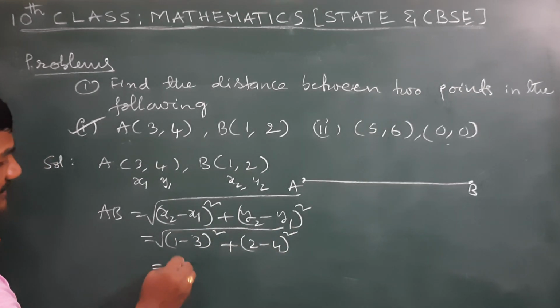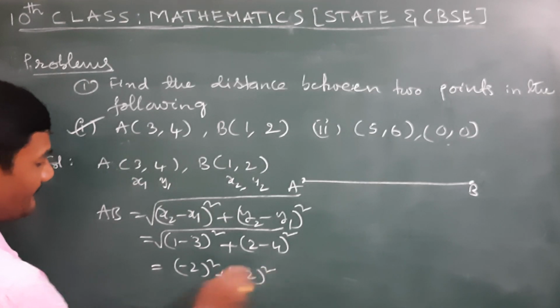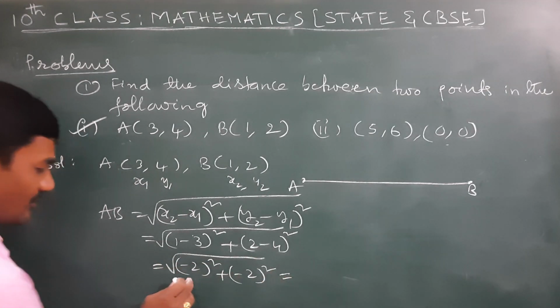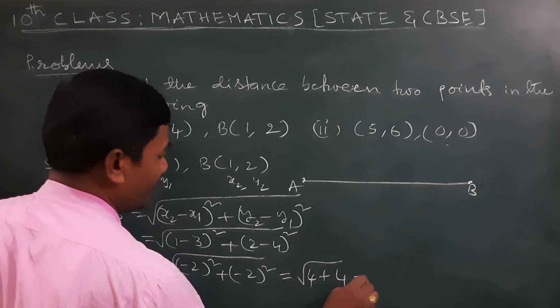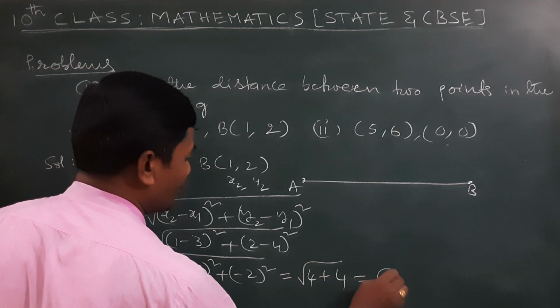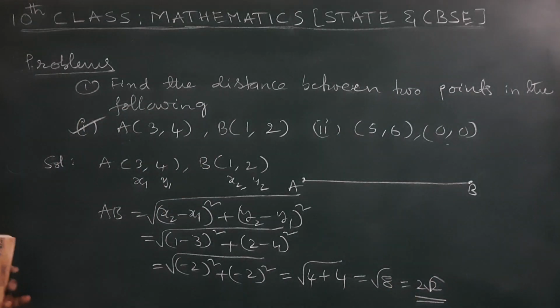That is equal to under root of minus 2 whole square plus minus 2 whole square. Minus 2 whole square means 4, plus 4. So what is the answer? 4 plus 4 is 8, so 8 means 2 root 2 is the answer.